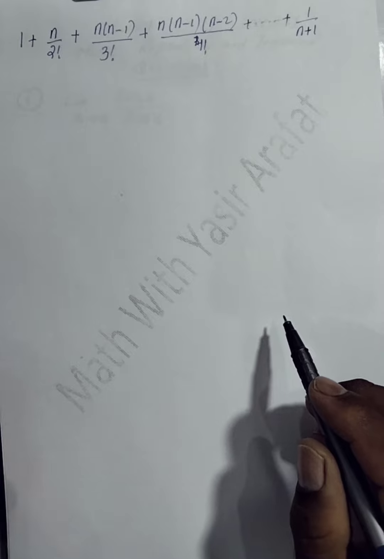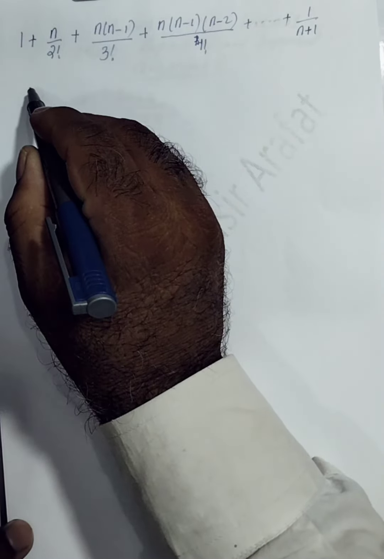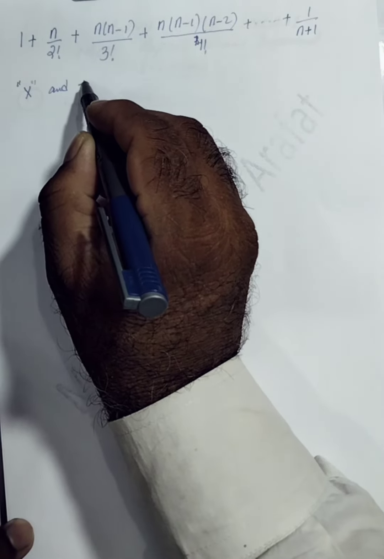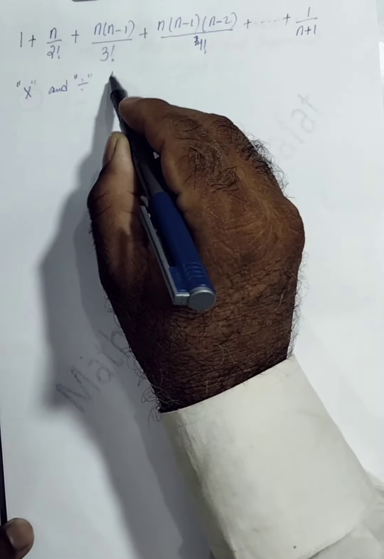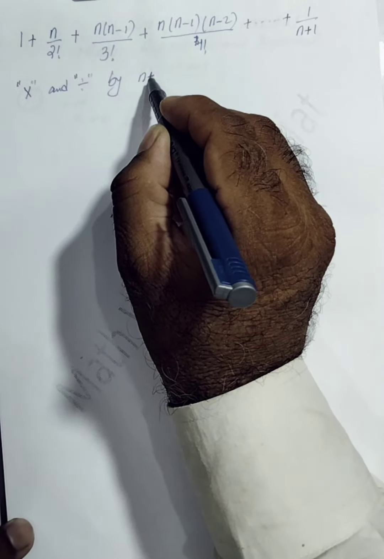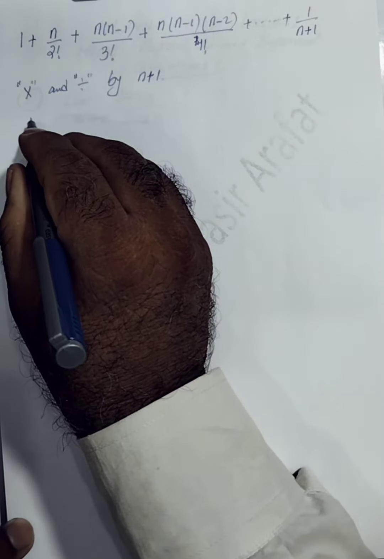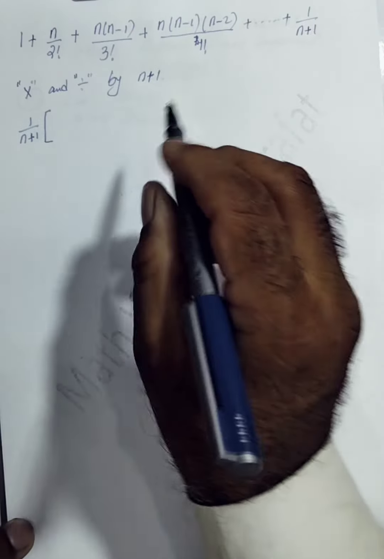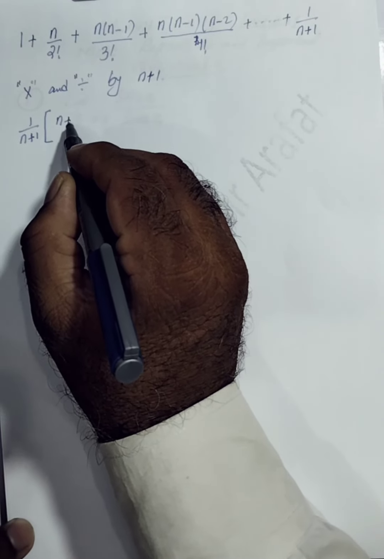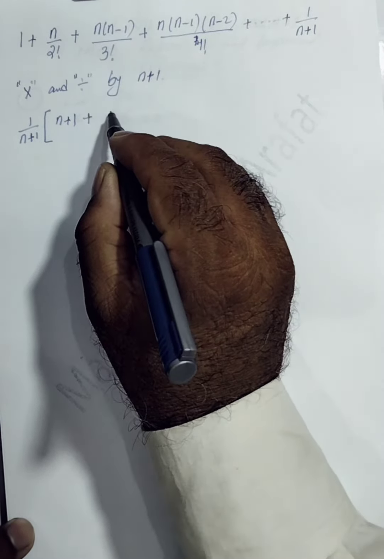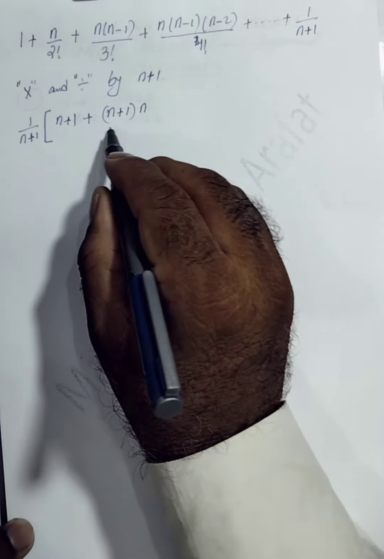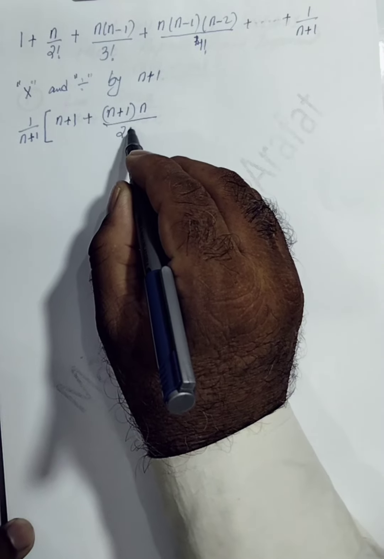Now we have to multiply and divide by n plus 1. So this is 1 upon n plus 1, and now multiply n plus 1, the whole factor here. So this is n plus 1 into n divided by 2 factorial.